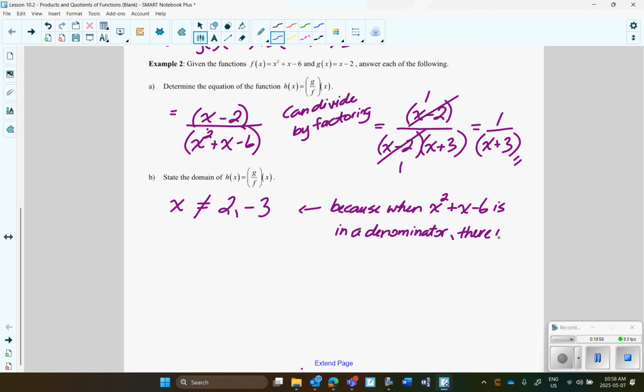There will be non-permissible values for x. So it's a little different with division. Because remember, with division comes non-permissible values.